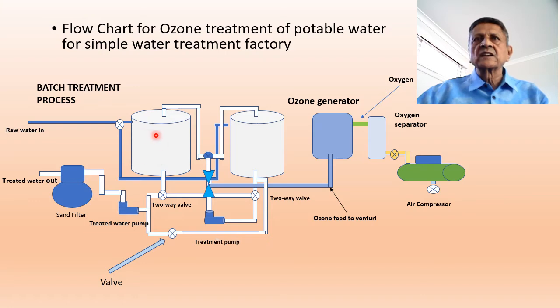While this water is being consumed, this other water gets treated and it circulates through the two-way valve, through the venturi and back, and ozone is fed through the venturi. So this tank gets treated while this tank gets used.